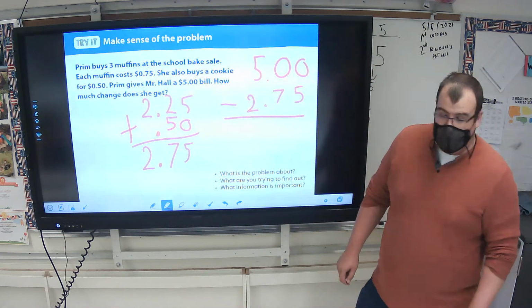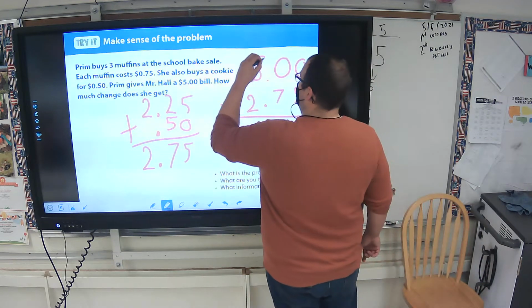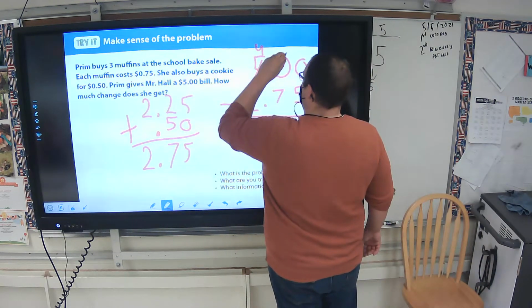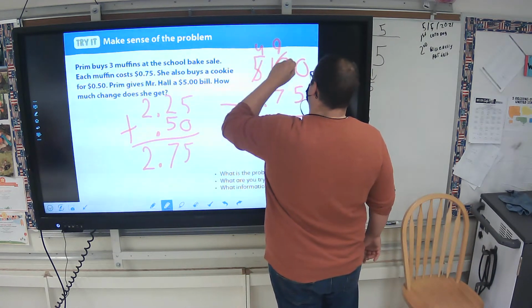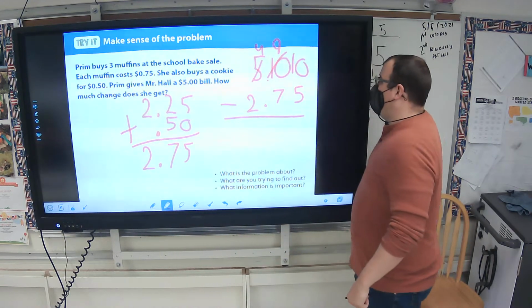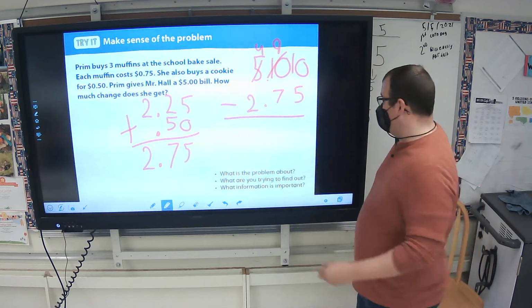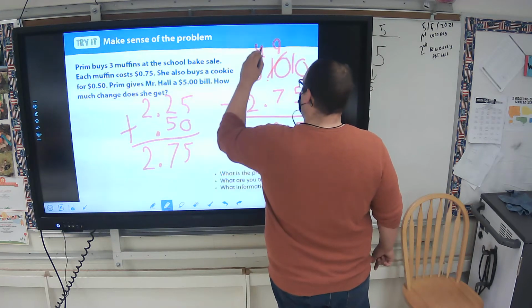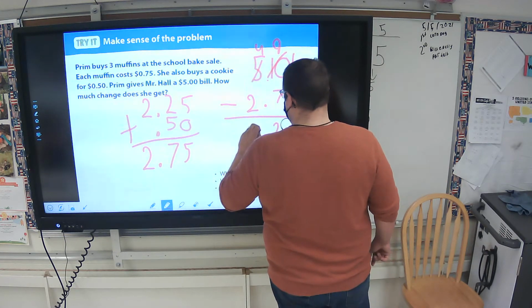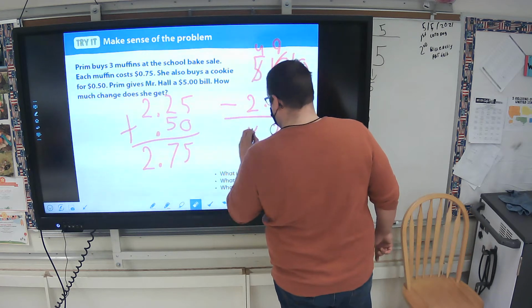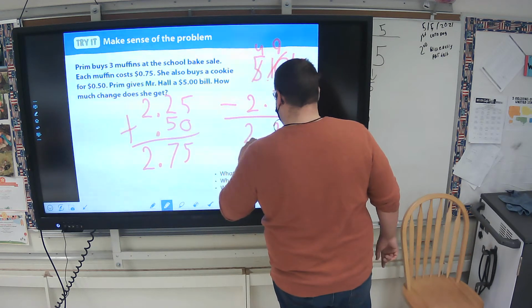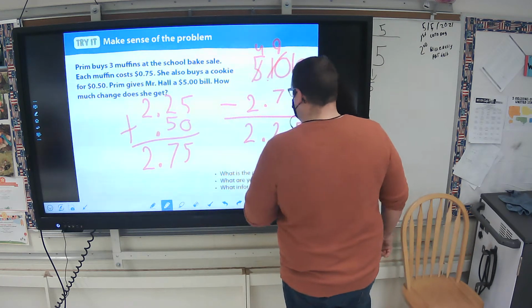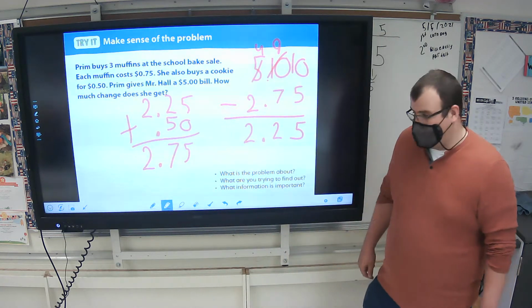Yeah. So I'm going to borrow from the 5, make it a 4, make this a 10, borrow from it, make it a 9, make this a 10, right? 10 minus 5 is what? 5. 9 minus 7 is 2. 4 minus 2 is 2. How much change is she going to get back? $2.25.